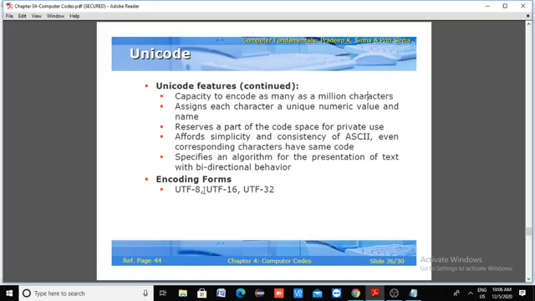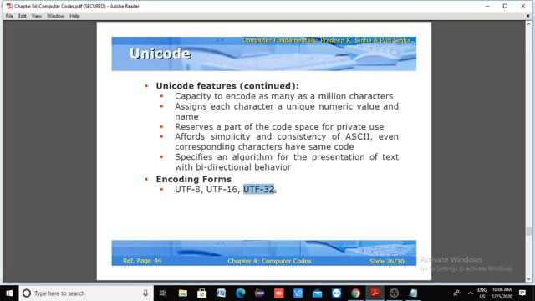After that, there are some very important forms in encoding, called UTF-8, UTF-16 and UTF-32. What does UTF mean? We will discuss these now.